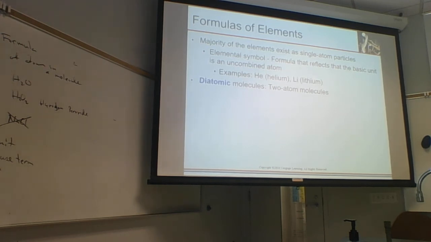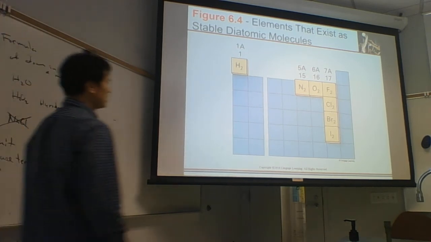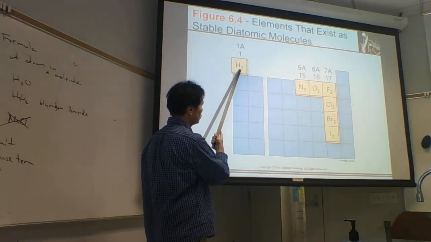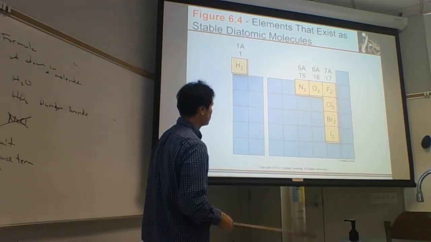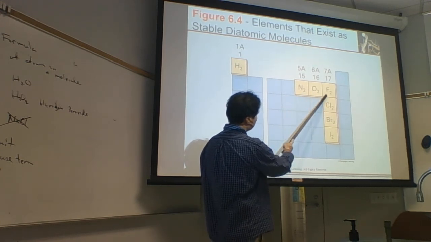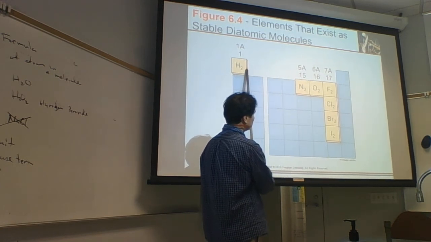See it on the next slide. What are they? Hydrogen. And so when somebody's talking about hydrogen gas, they're talking about H2, these 2 atoms. And the 2 atoms of hydrogen are bound together chemically. Nitrogen, oxygen, fluorine, chlorine, bromine, iodine. These are what we call the diatomic elements.